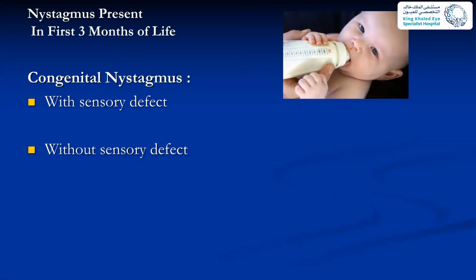What does it mean, with or without sensory deficit? Of course, I assume that you will do a full ocular examination of the patient to be able to differentiate between sensory deficit and without sensory deficit.